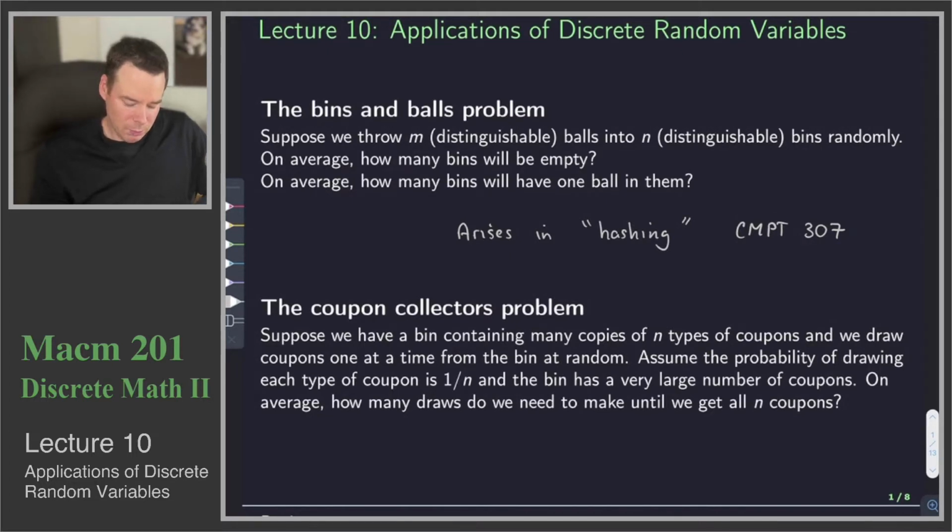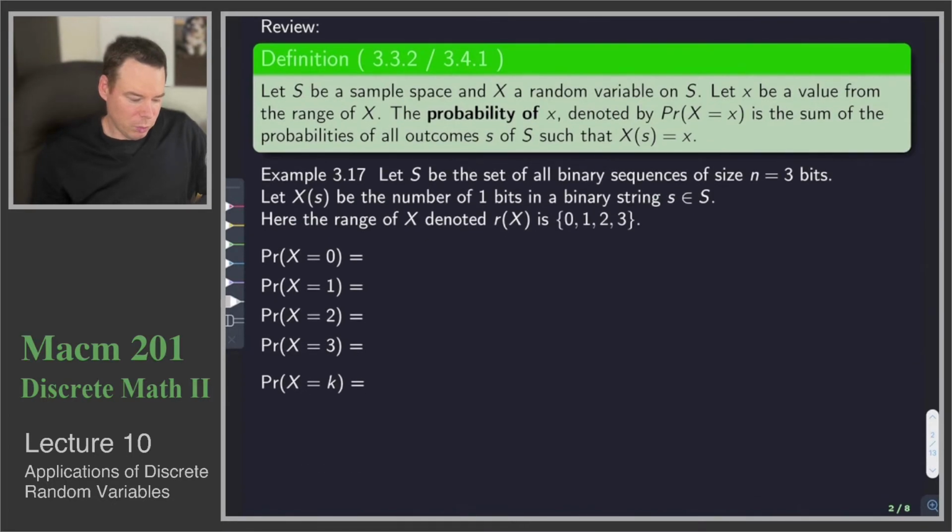So let's first review some of the essential ingredients we're going to need for these problems. Expectation is what we're going to be computing, so the expected value of a random variable. One of the most important properties we have about the expected value is that it's linear. Before we get to that, we'll do a very brief review of what we did last lecture. The first thing we did was talk about the probability of a certain value coming up for a random variable.